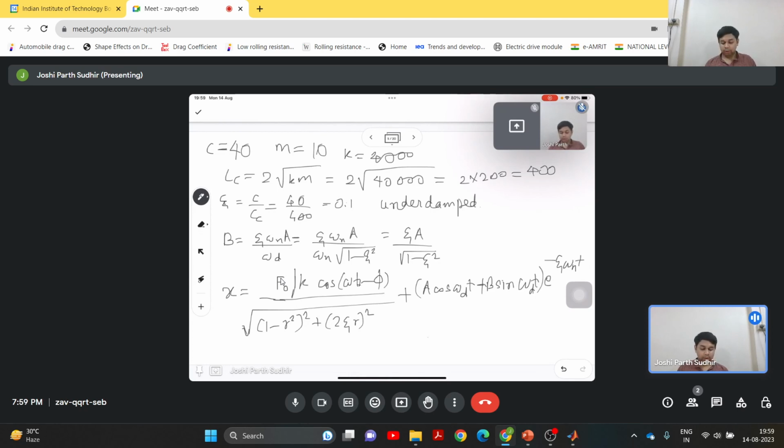So we already have calculated the values of A and B. We have also written down the expression for phi, and we also know this ratio r.